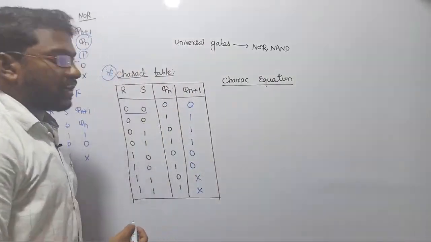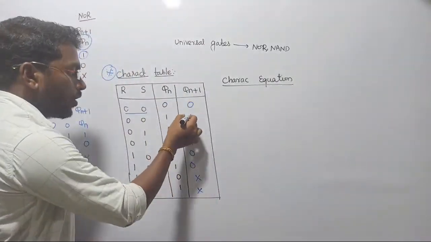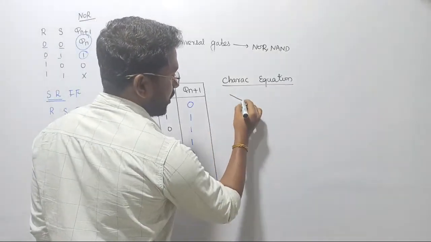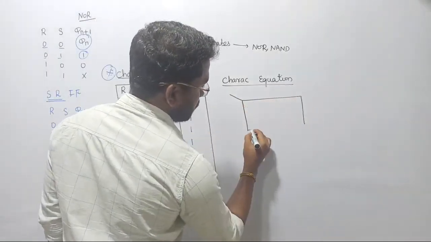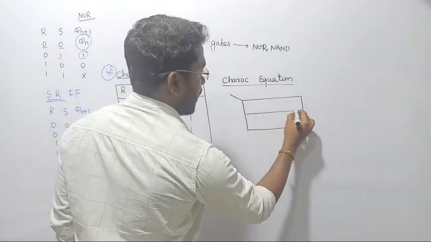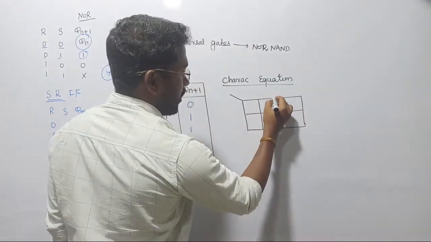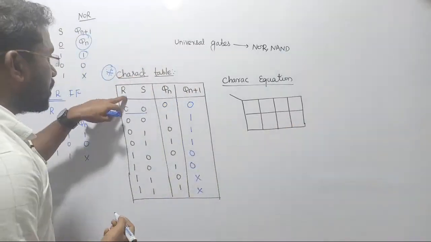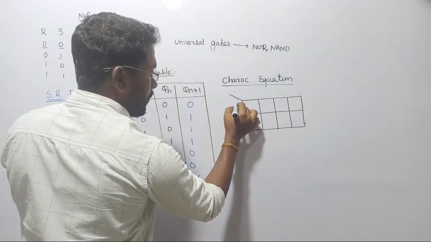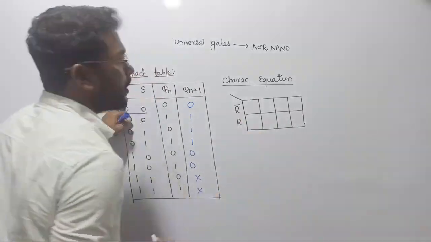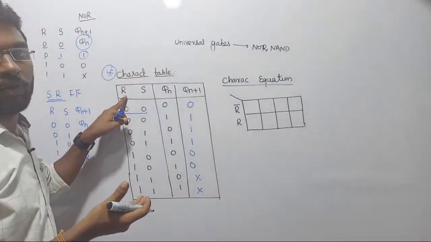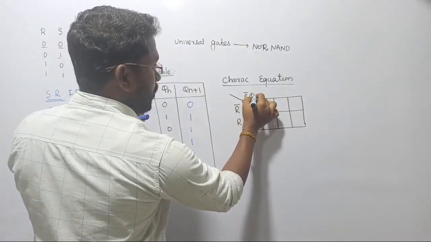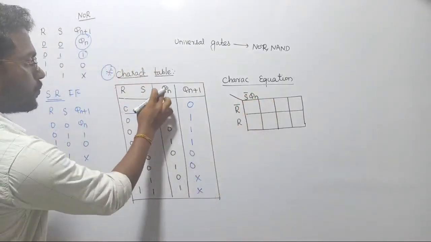In order to bring the characteristic equation, see, I have 8 variables in the output, right? So in order to get the exact answer, let me put them into the K map. Here we need 8 adjacent cells in order to bring out the answer. Let me consider R here, let me place R bar and R. We are writing the answer in minterm, that is SOP form, sum of products, and then here we are going to consider S bar Qn bar, that is present inputs and past output.